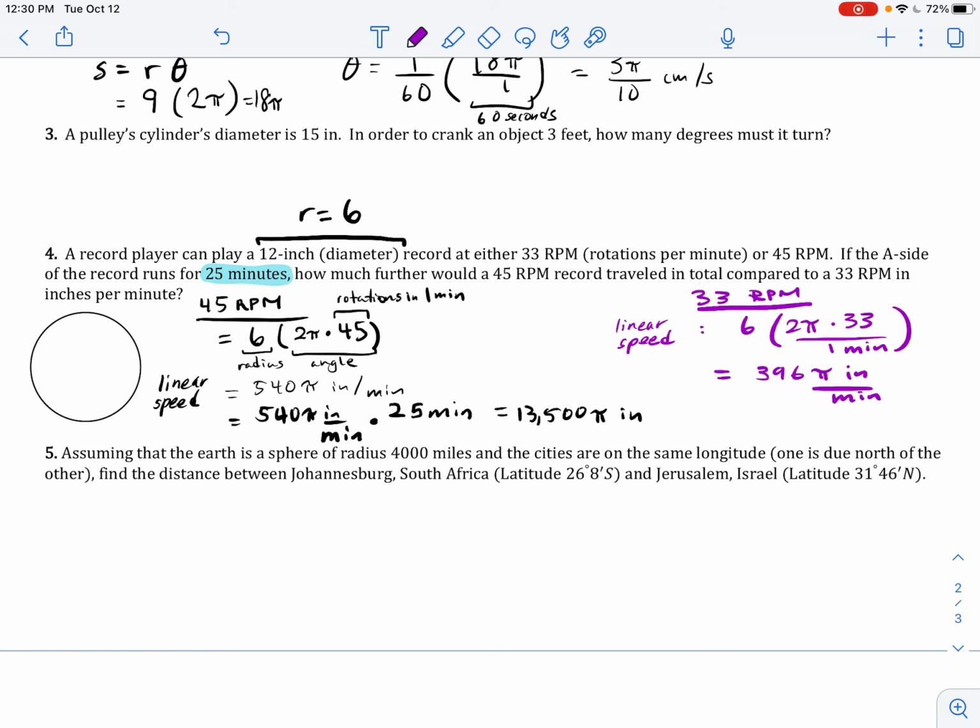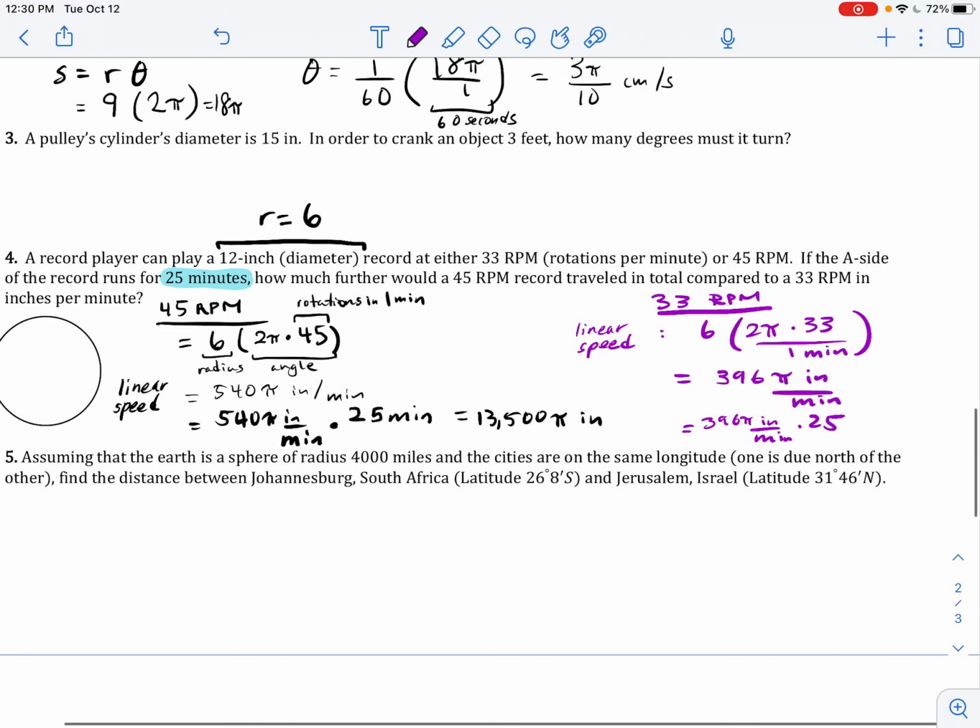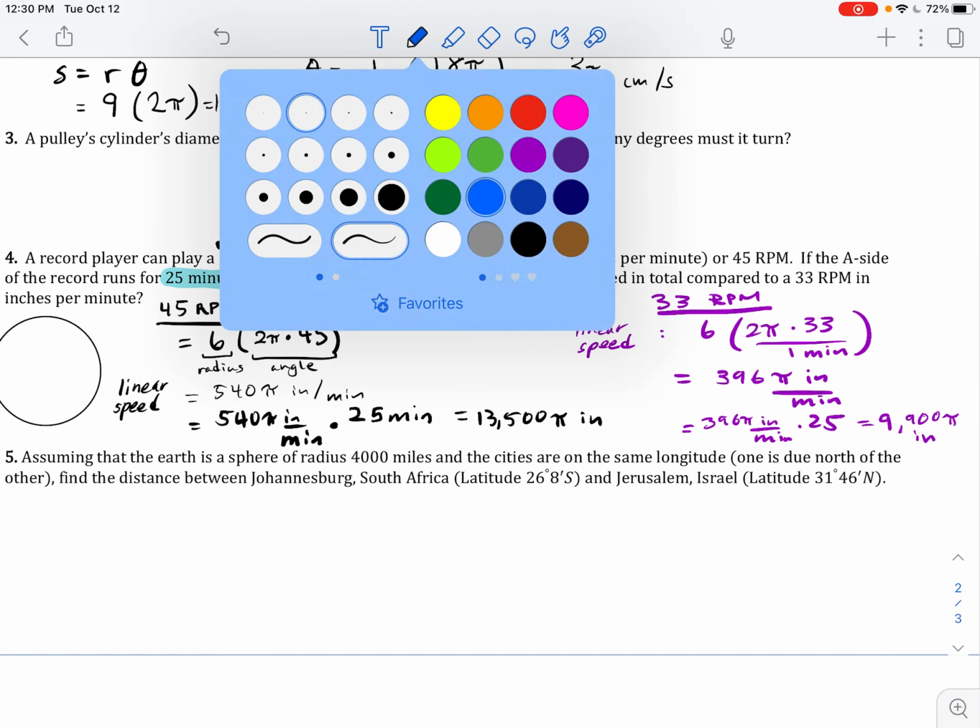And then we're going to multiply our linear speed times the 25 minutes. And that turns out to be 9,900 pi inches. Okay? And that was how much was traveled at 33 rotations per minute. So I'm now going to go ahead and subtract these two.